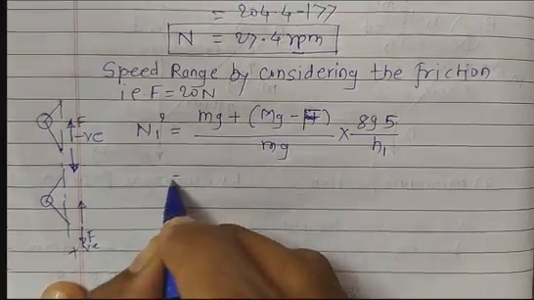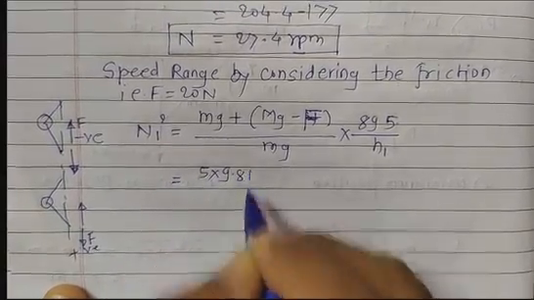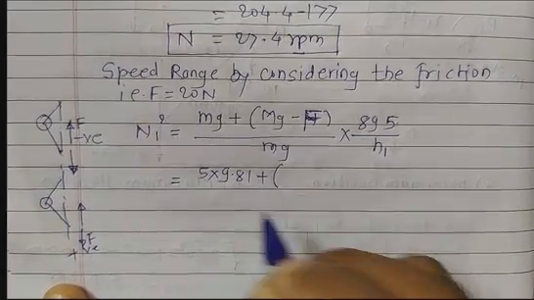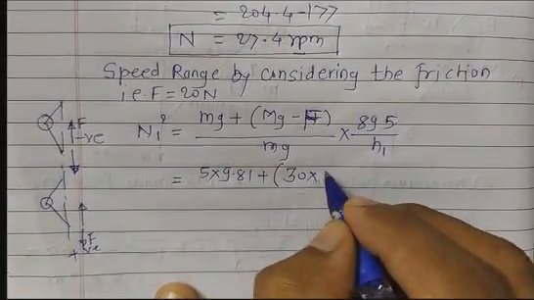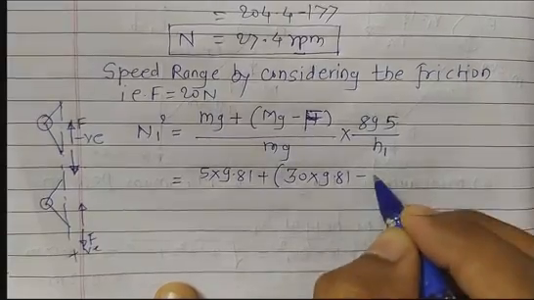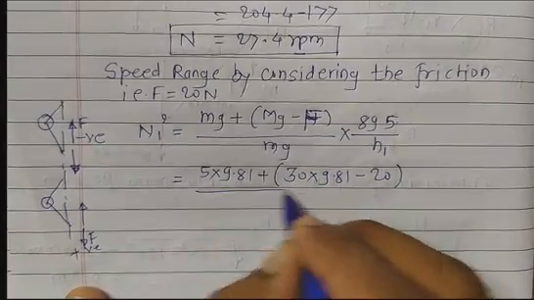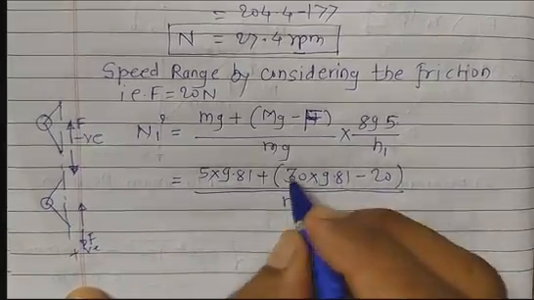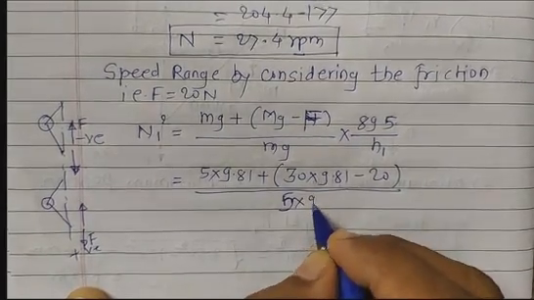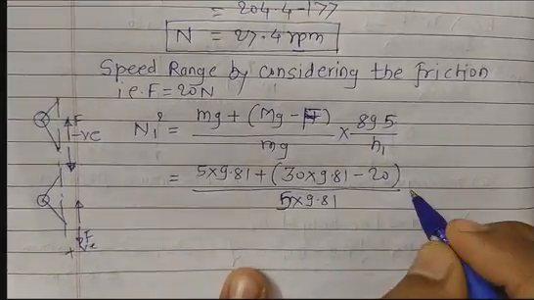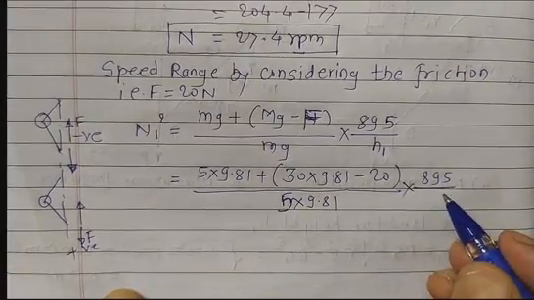Now substitute all the values. That is small m is 5, g is 9.81, plus capital M is 30 multiplied by 9.81, minus frictional force 20, divided by m, which is 5, multiplied by 9.81, multiplied by 895 divided by h1.